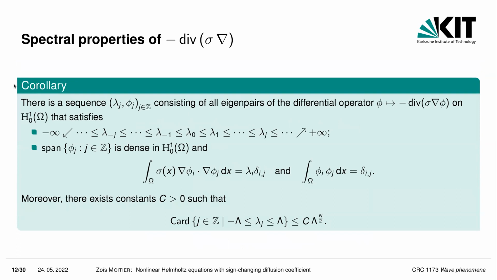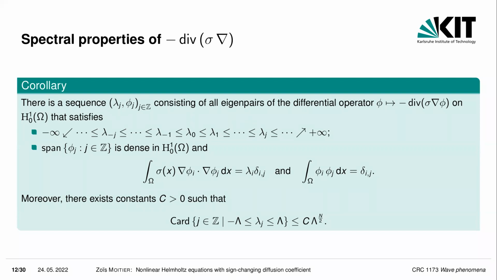And so now there is a sequence of eigenpairs of this operator, such that, basically, the lambda are the inverse of the mu. So since there is a positive sequence of mu going to 0 and a negative sequence of mu going to 0, now, when I take the inverse, I get basically a sequence of lambda that will go to minus infinity and to plus infinity.